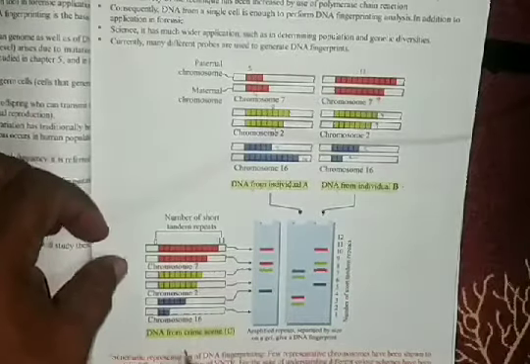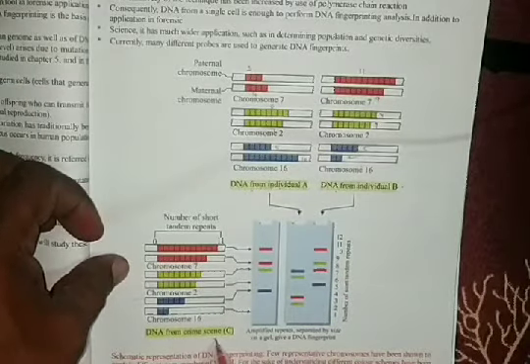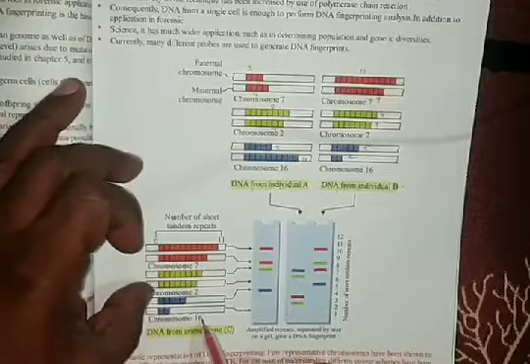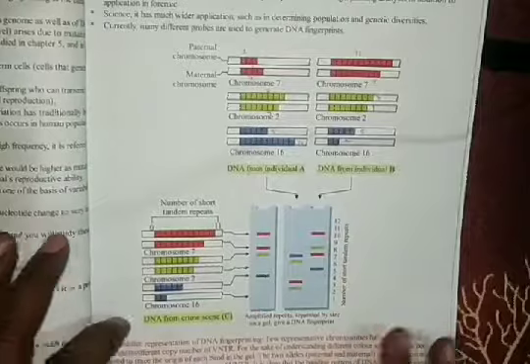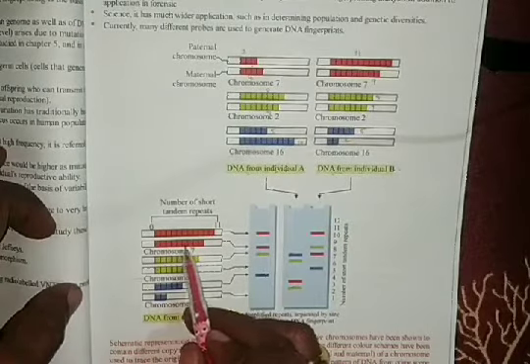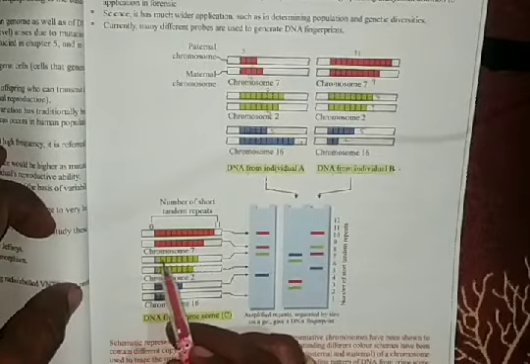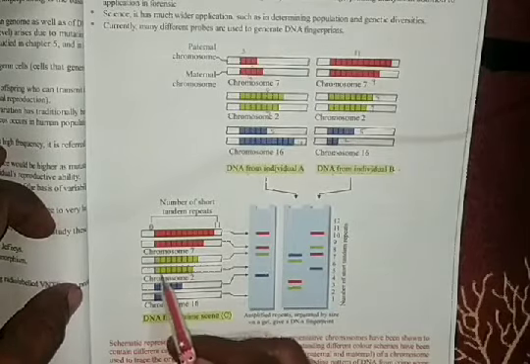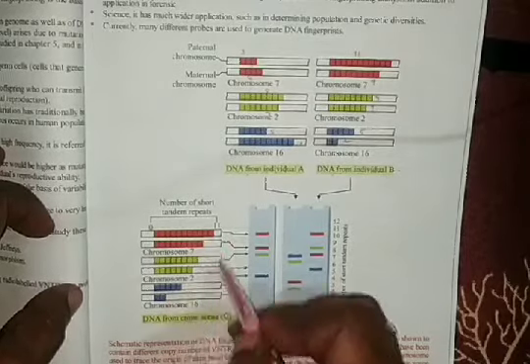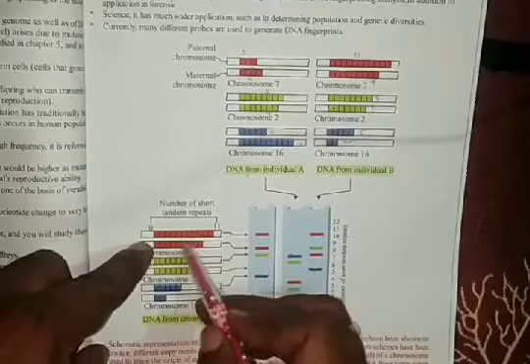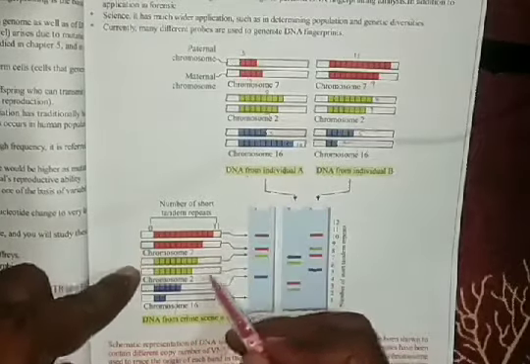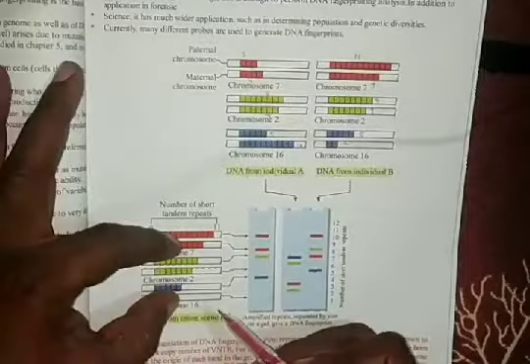Now the DNA from the crime scene, the victim's DNA, is selected, and the segments are like this: 11 segments here, 9 segments here, 8, 7, 6, and so on. The number of repetitive units is like this, on the same chromosomes: chromosome 7, chromosome 2, chromosome 16.